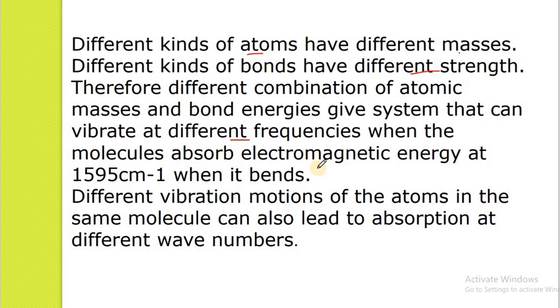And when molecules absorb electromagnetic energy, different vibration motions of the atoms in the same molecule can also lead to absorption at different wave numbers. So mainly, different atoms have different masses, and different kinds of bonds have different strengths, and according to that they absorb different frequencies.